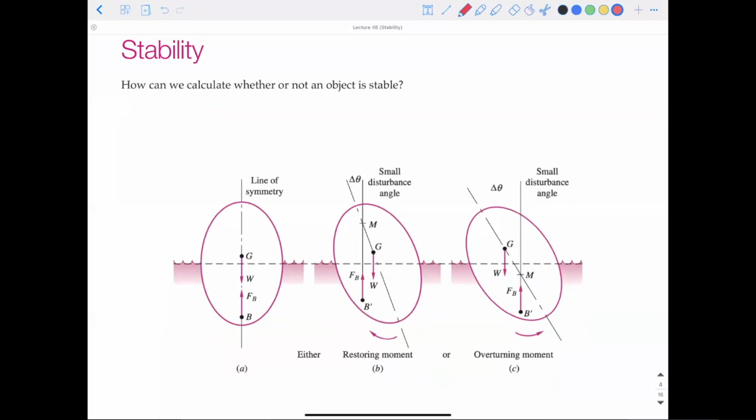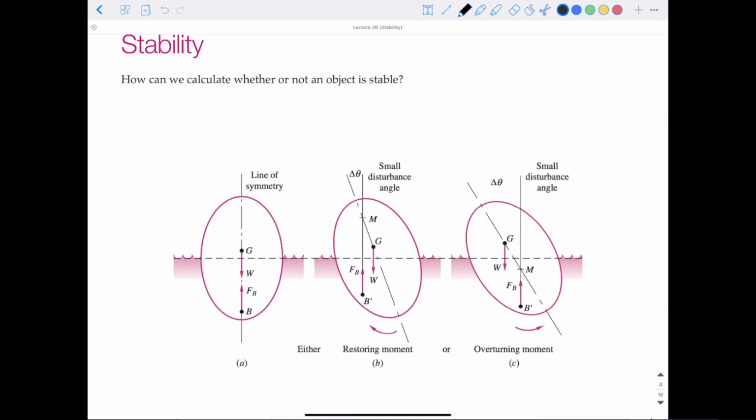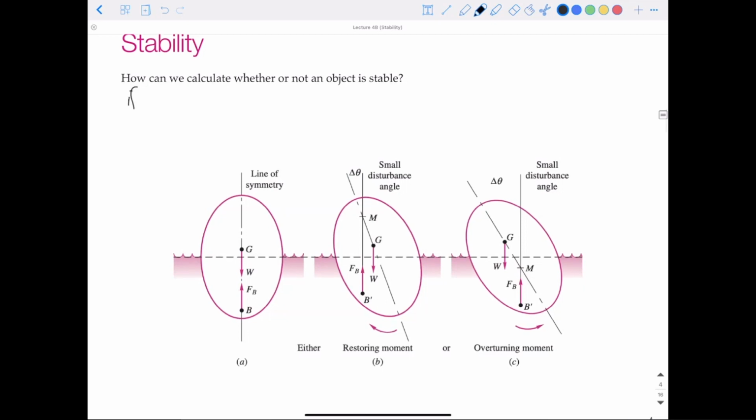So how can we calculate whether or not an object is stable? So let's assume we have an egg-shaped object in figure A. If a floating object is disturbed with some small angle, delta theta, then we could have two possible cases.